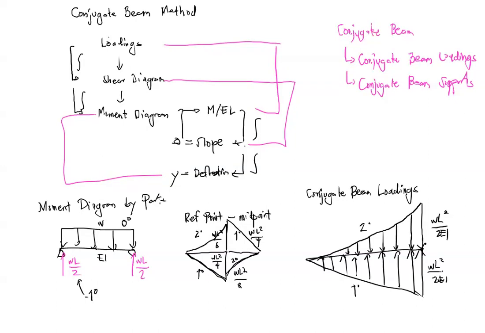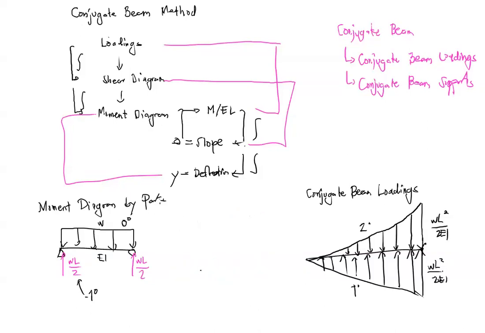Next, how do we define yung conjugate beam supports? Sa conjugate beam supports, we need to check yung correspondence ng deflections, both ng slope at saka ng deflection mo. So what do I mean by that? So pag tinanong sa'yo, tatanungin mo, wait lang, kailangan mo i-check yung restraints. So yung restraints sa right end mo is equals to 0.